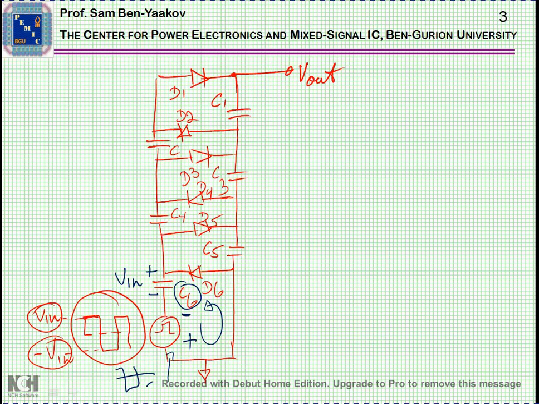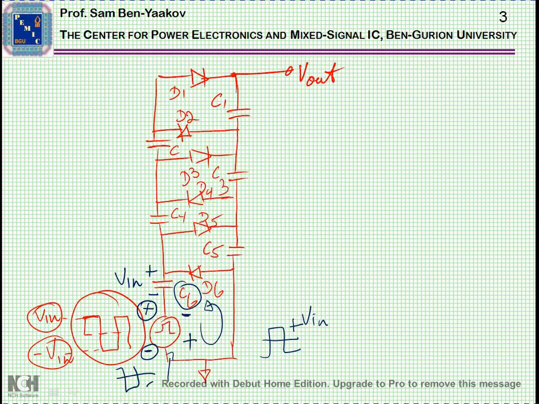Okay, now we move to the next half cycle, in which the voltage is positive, that is plus V in. In this case, the polarity is reversed. Let me put it here, like this is plus and this is minus here.